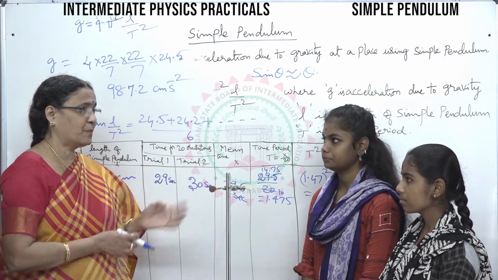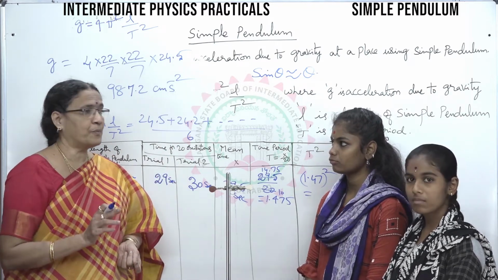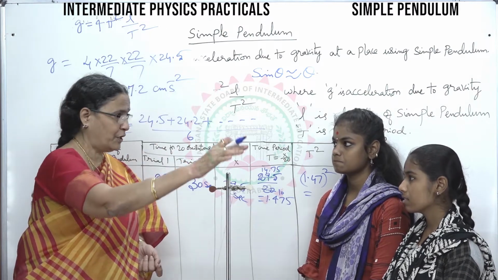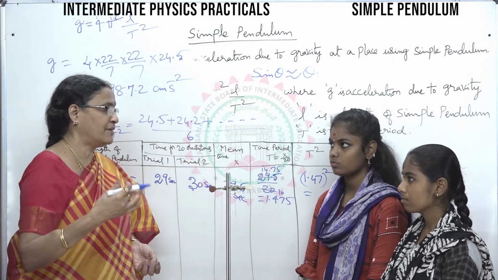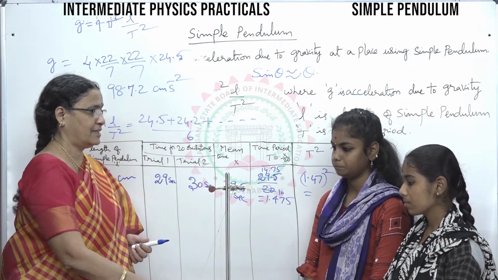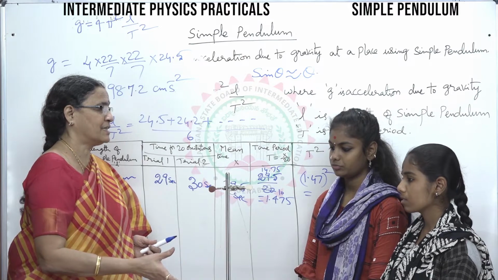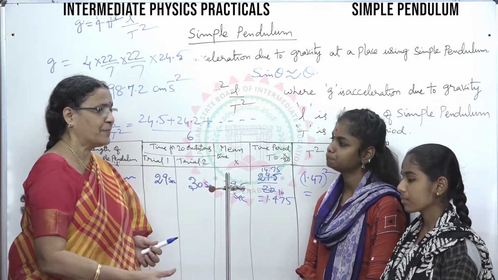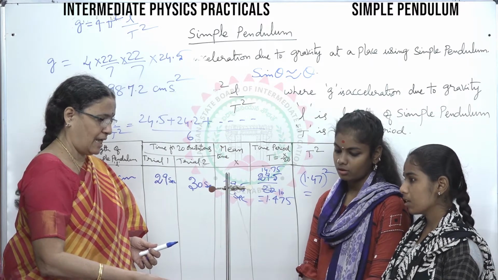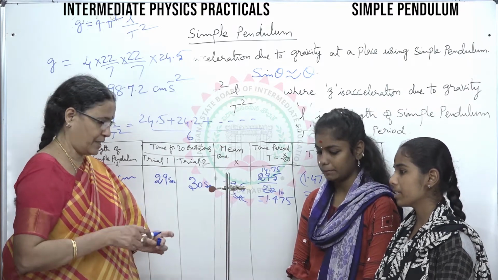Point number 2, you are not supposed to do this experiment under a fan, near a window, where much wind will come and alter the oscillatory condition of this simple pendulum. These are some precautions which have to be observed while doing the experiment.